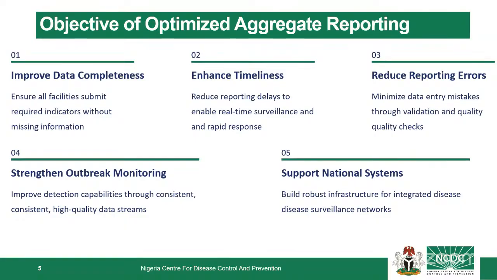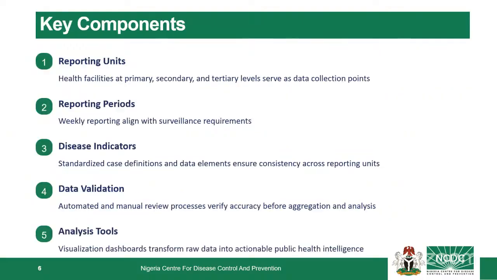This reduces report delays, so at the LGA or state level you can see facilities that reported late, reported early, or are not reporting at all. It also reduces reporting errors through data validation on the optimized SORMAS. Overall, this strengthens our outbreak monitoring by improving our detection capacities and supports our national surveillance systems.